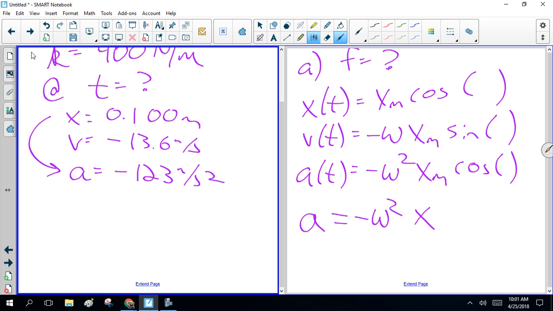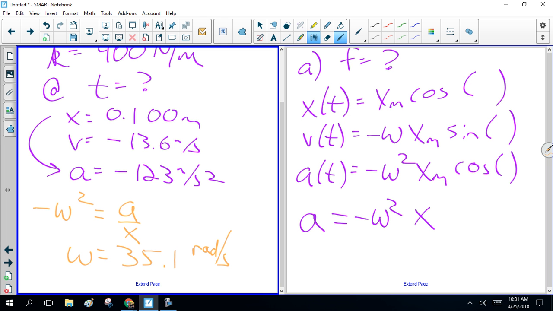So let's do that. That means negative omega squared is a over x. If you solve this, you will discover that omega is 35.1 radians per second.